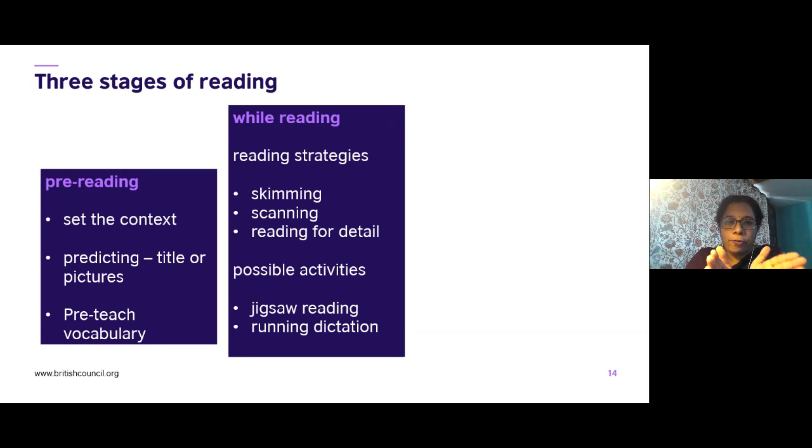So if you have a pair of students, you will give student A one text and a related task with that text. Student B will get another text and a task related to that. So student A will complete their task, so will student B.